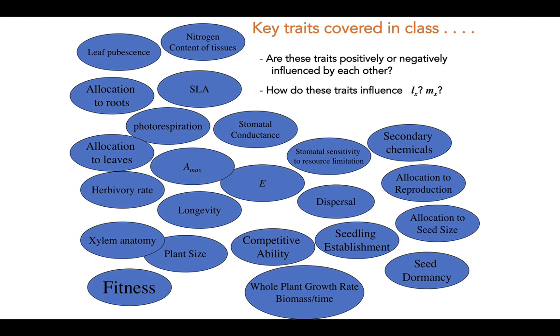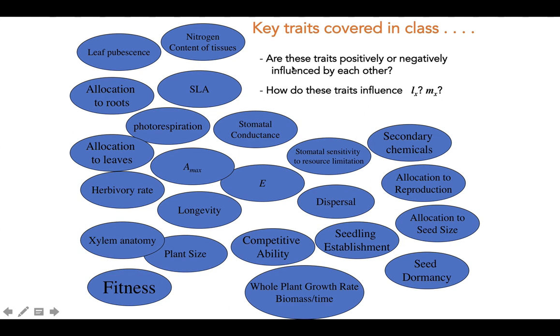The last slide I gave you at the end of the last lecture was a series of different traits covered within class. This is actually a longer laundry list, but I wanted to make it relatively simple. Hopefully you should recognize several of these different key words or traits covered in class.